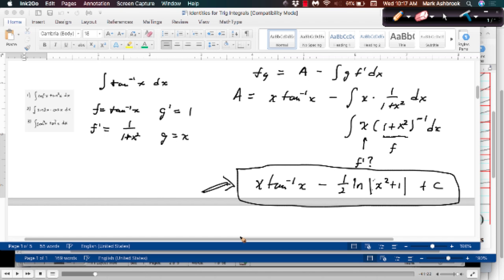What did you say? McKenna, what did you say? Morgan. Yeah, good. So all closed form net accumulation functions for a quantity whose rate is tangent inverse x, right? So it's all closed form net accumulation functions of a quantity whose rate of change is tangent inverse x.